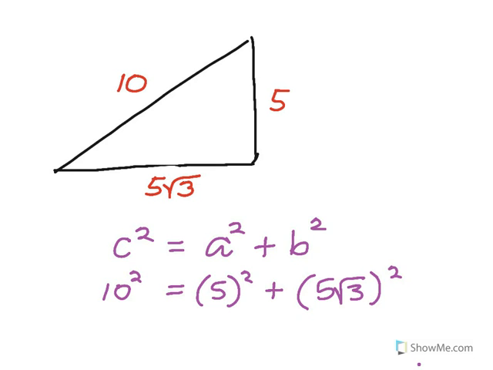squared. So what I've got is 100 equal to 5 squared, which is 25, plus 5 root 3 squared, which is 5 squared, or 25, times, when I square the square root of 3, I get a 3. So that's 25 times 3, or 75.